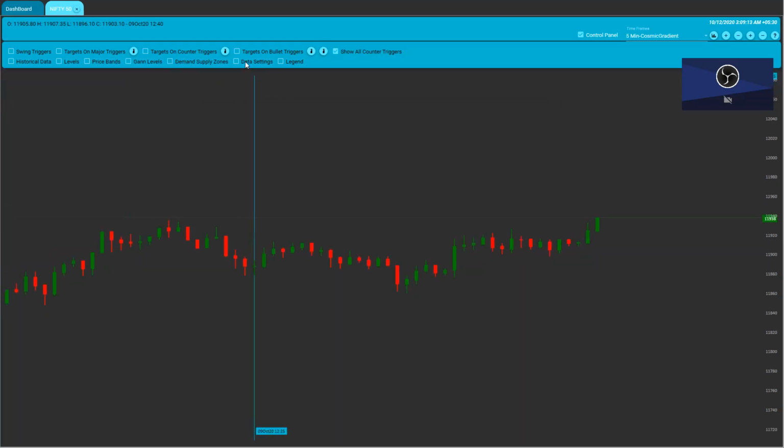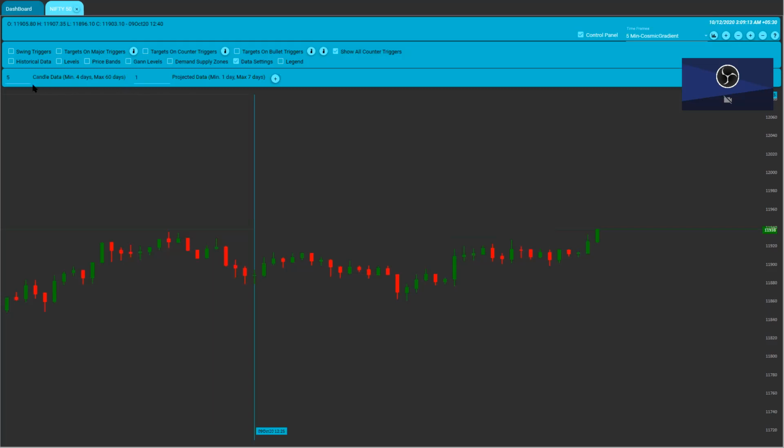Next is data settings. Normally, we allow up to 60 days of data, but it is pre-configured to 5 days. Projected data means projected moves which the software has derived. We can work out a projected move of up to 7 days, but currently it is configured for 1 day.